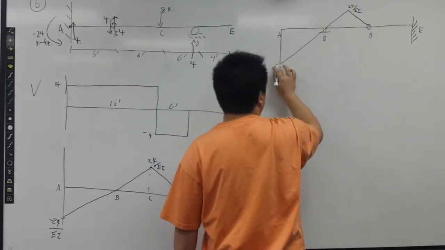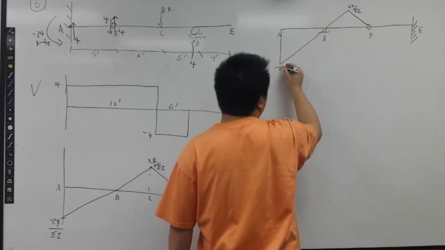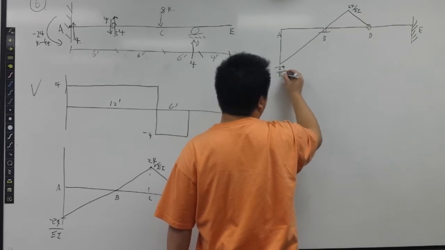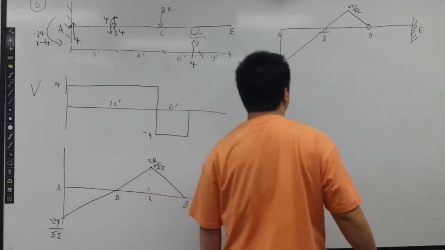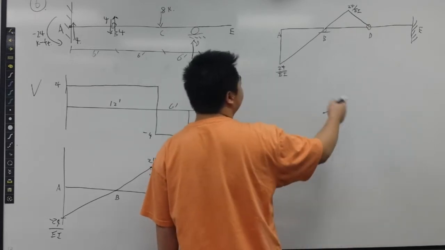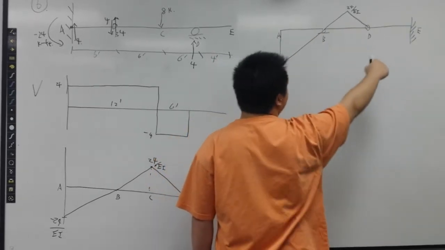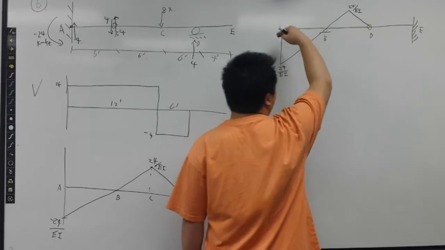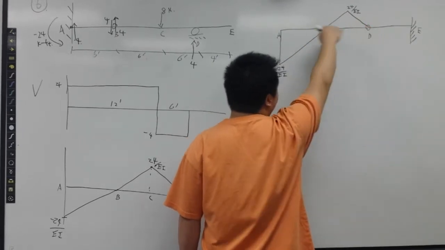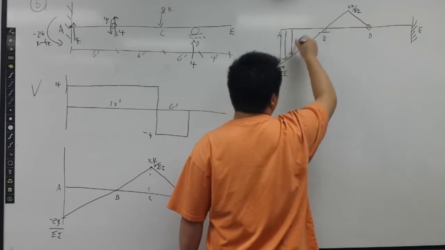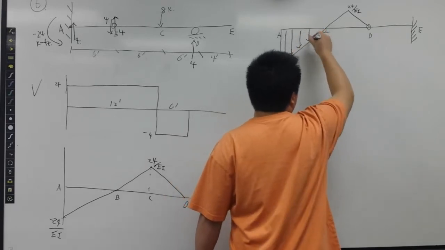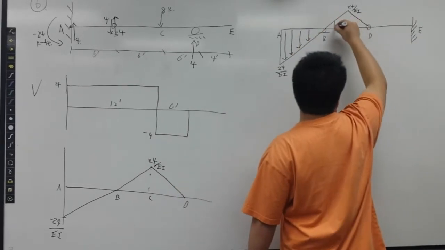Negative 24, just 24 EI, because we're going to do shear and moment, so the size doesn't matter. Like I told you, after we have the area, this is below the line, so we draw the arrow away from the beam, so it's like this. And this one's on top, so it's going to be like this.